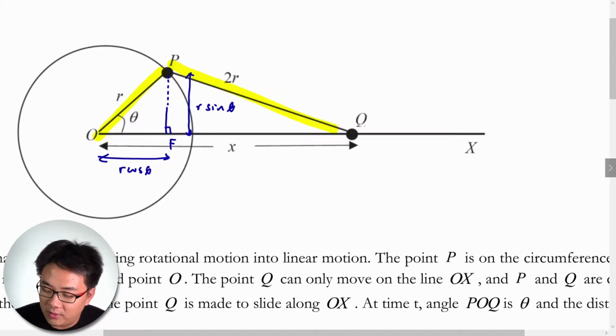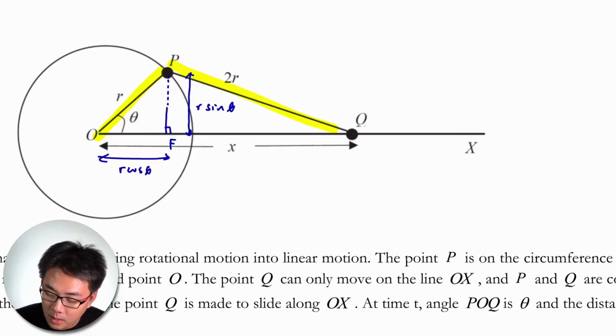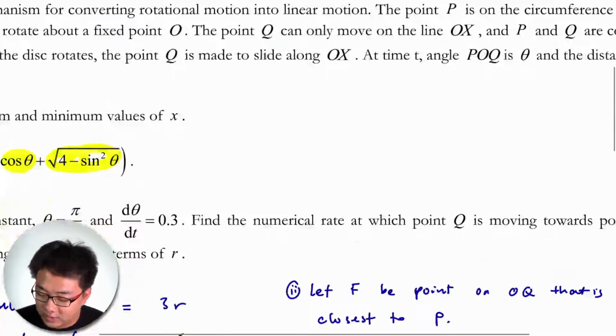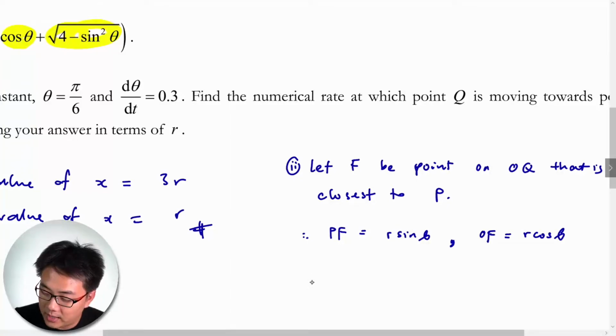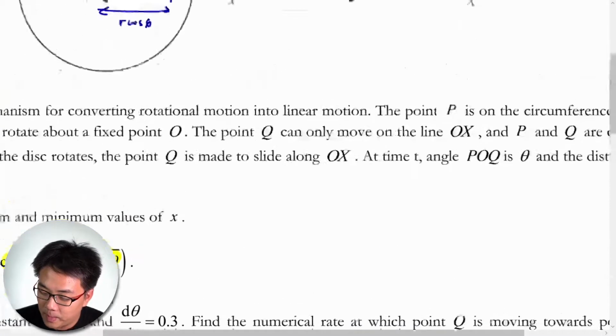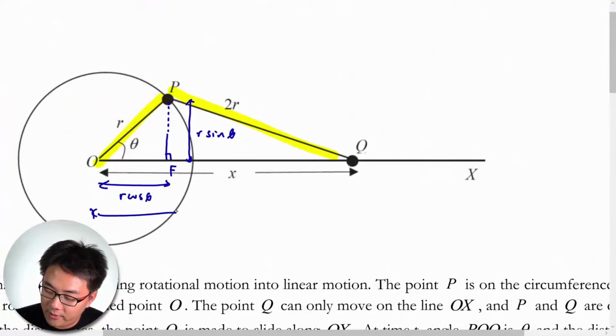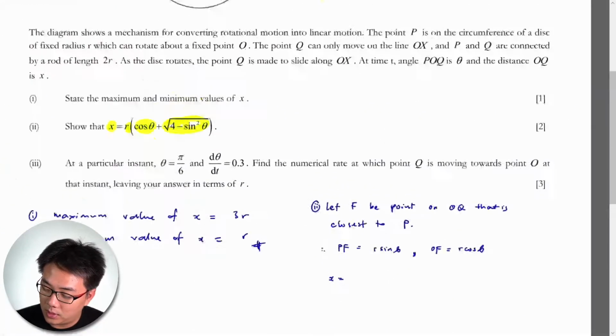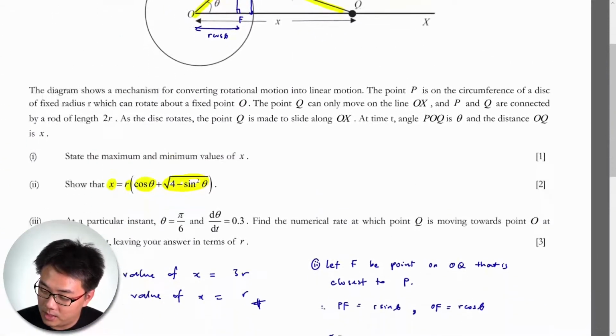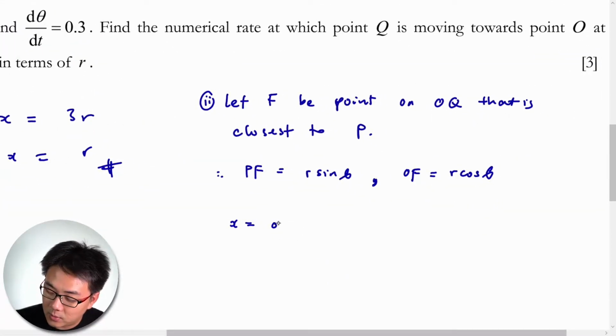It's not that difficult to see why. Once you want to find x, you know that x would essentially be OF plus FQ. So that's the reason why I named the foot of perpendicular. OX is OF plus FQ.